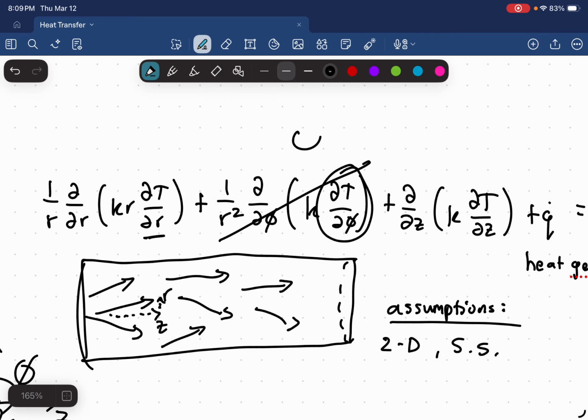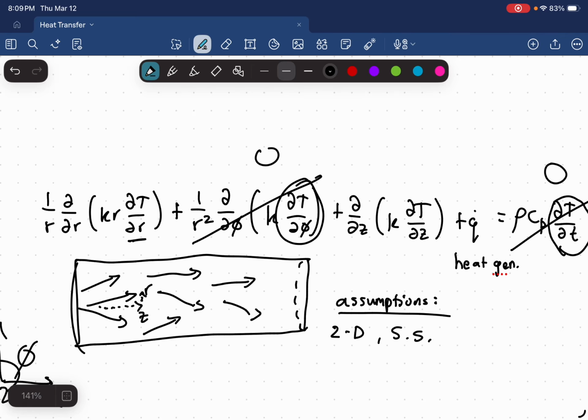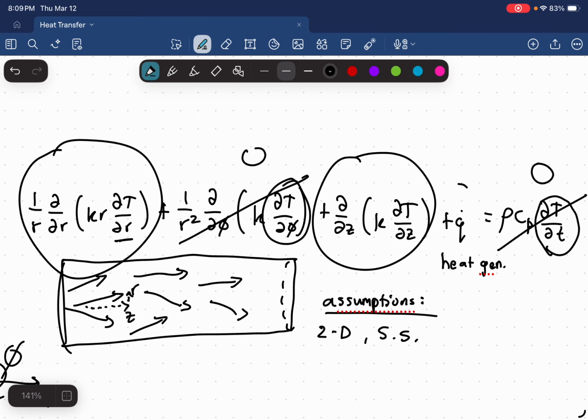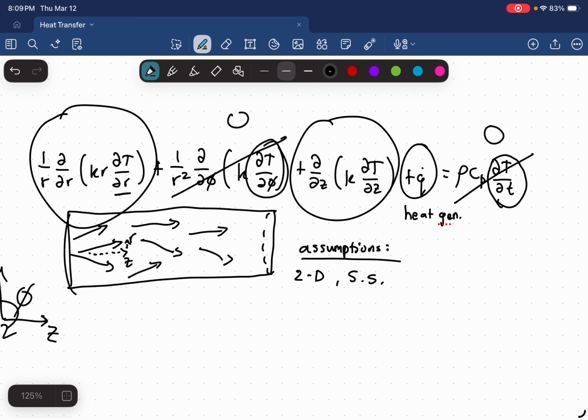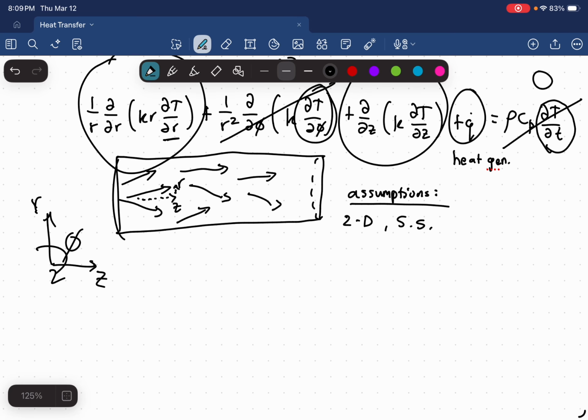So this also goes to 0. So you're only left with three terms: the radius direction, the z direction, and your heat gen. So that's the fundamental of the coordinate system.